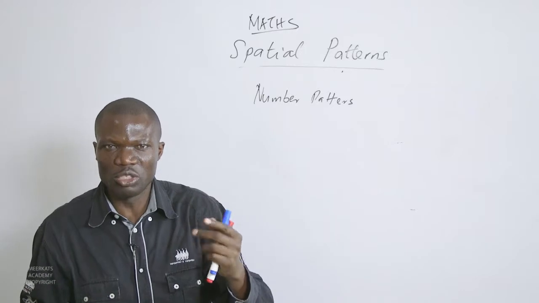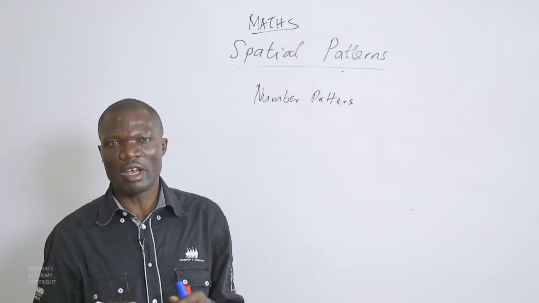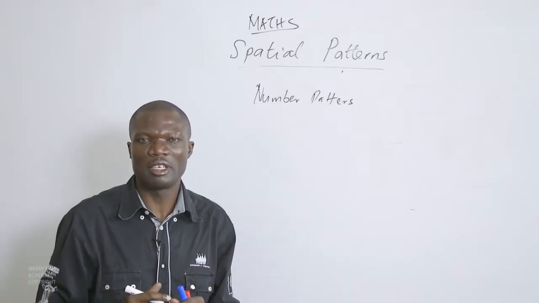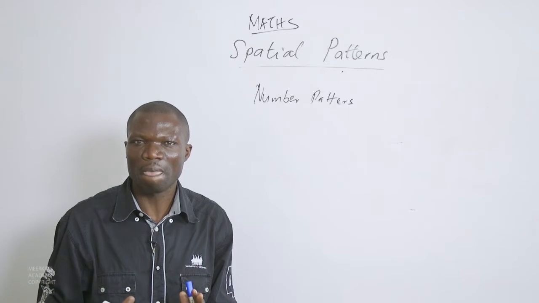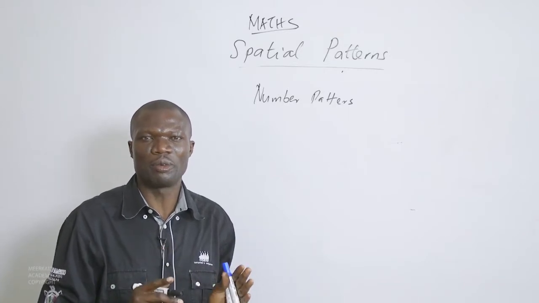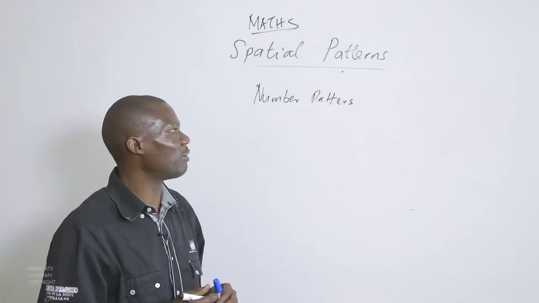We need to observe and identify how many sticks are required to make the first pattern of the spatial diagram. And having gotten the first shape, how many sticks it makes, then we move ahead and find out.